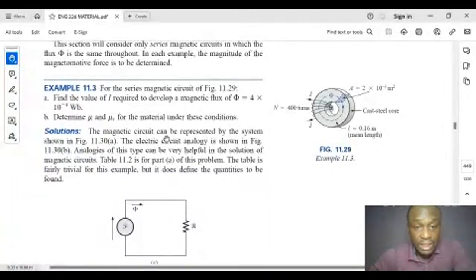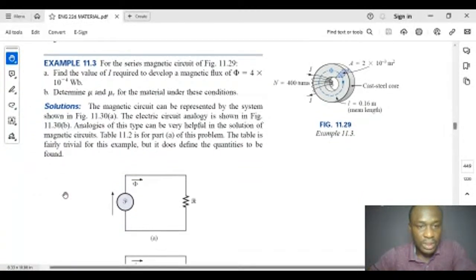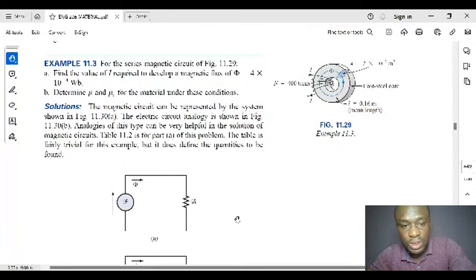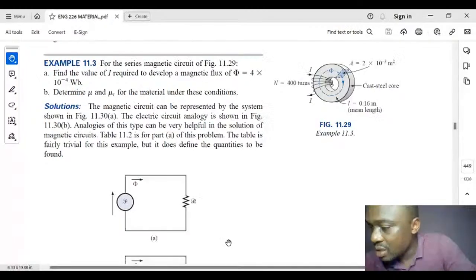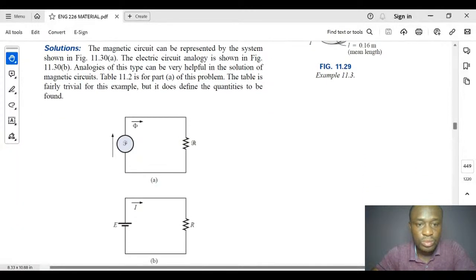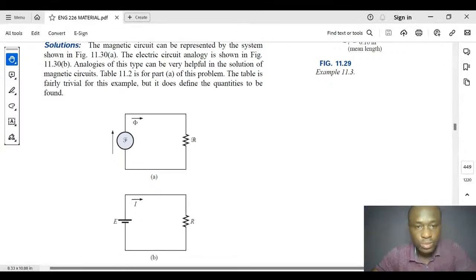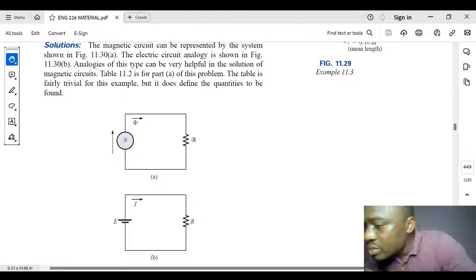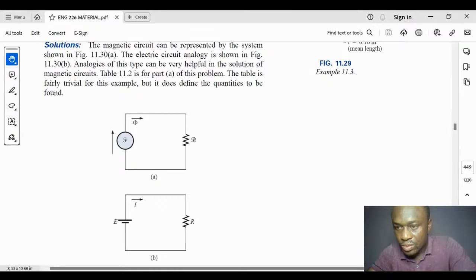So we have the magnetic circuit, which is represented with this symbol, the symbol of A. We are still learning this process.